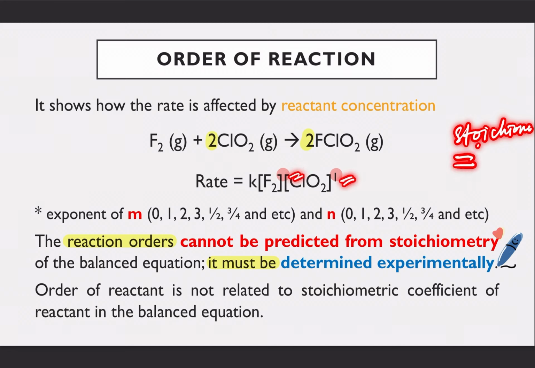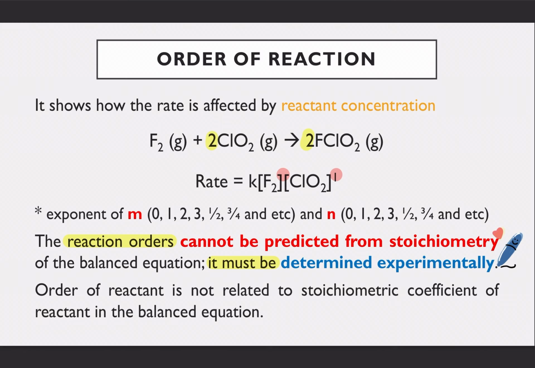Order of reaction is not the same as your stoichiometry. Your order of reaction can be 0, 1, 2, 3, half, 3/4, and so on. Alright? It can be those values.